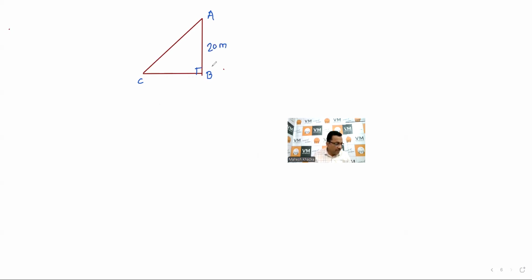A man is standing at some distance from the tower, known that the cosine of the angle of elevation of the top of the tower is 0.53, means this angle. Okay, so just write let AB be the tower and C be the man.